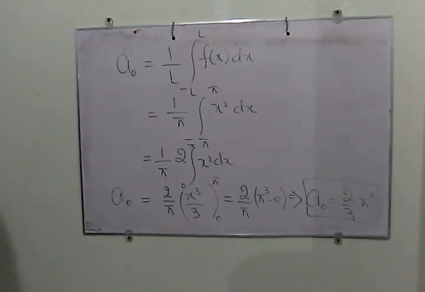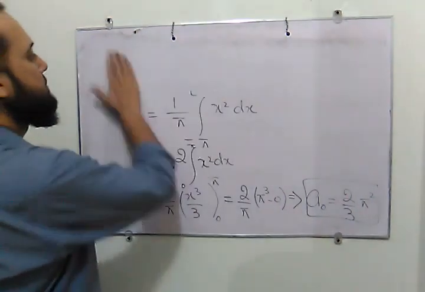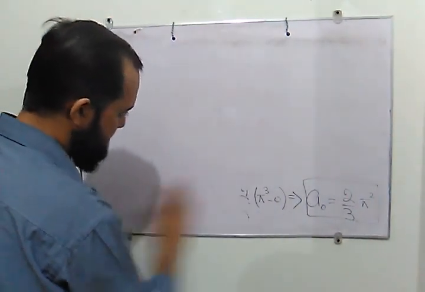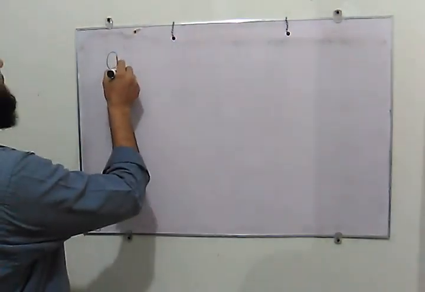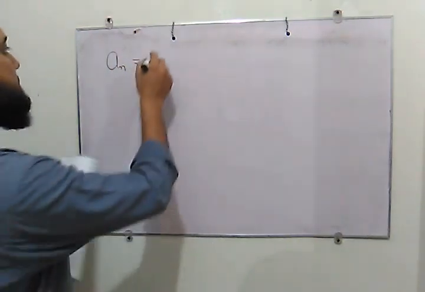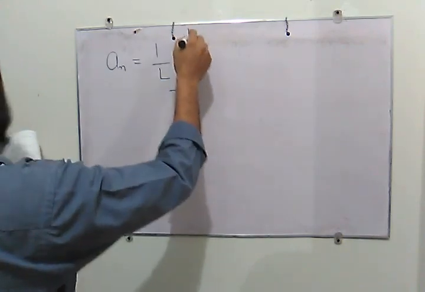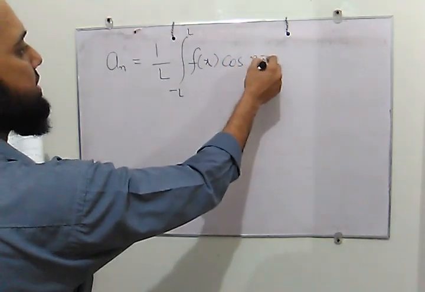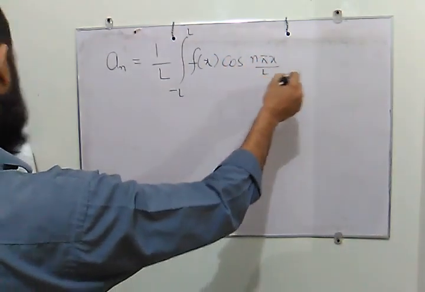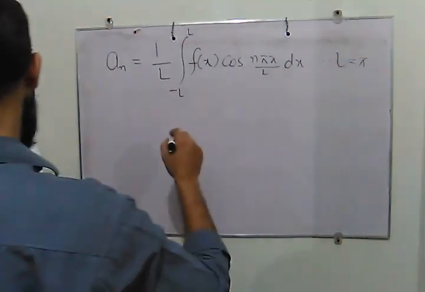Now we are going to find the value for the an. An is equal to 1 upon L, integral from minus L to L of f of x cos n pi x upon L dx, and we have already found that L is equal to pi.